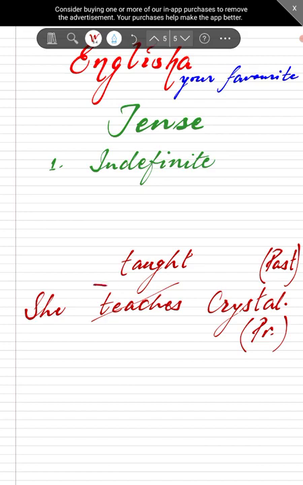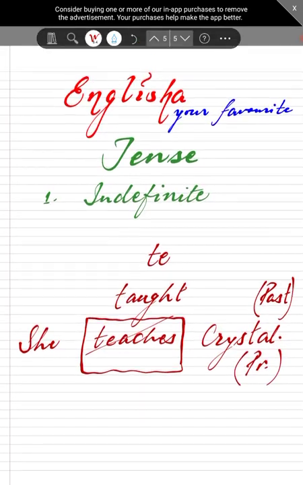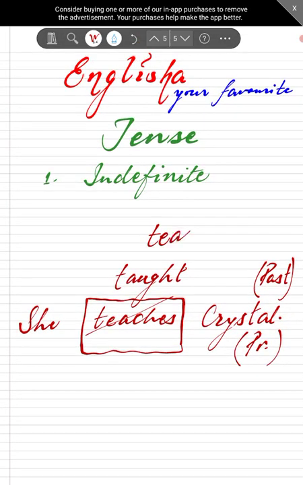So we need to understand this technique. The verb teaches is V5, and we know that we have to copy the exact thing that is written in the box. But if you write here teaches, you will be wrong. So we need to change teaches into teach.